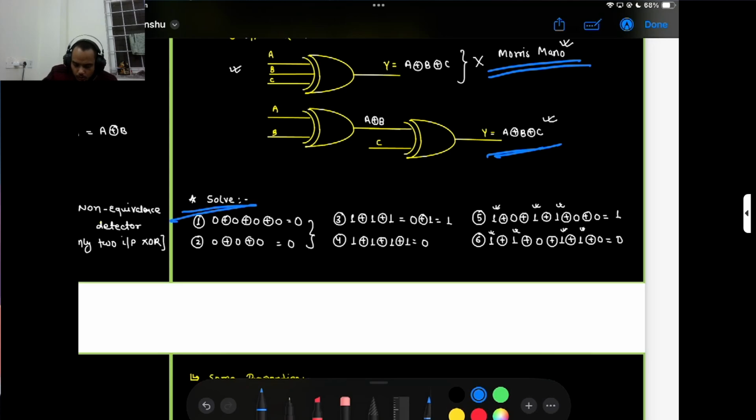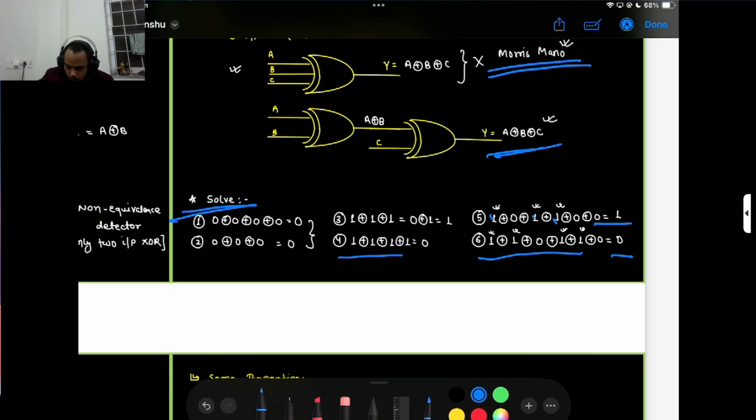So here, if there is an odd number of 1s, then the output will be 1. If my number of 1s is even, then my output is 0.